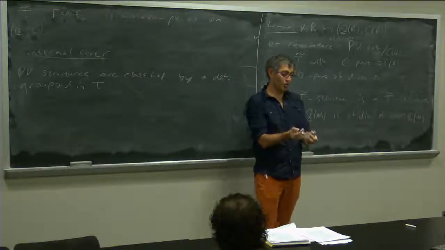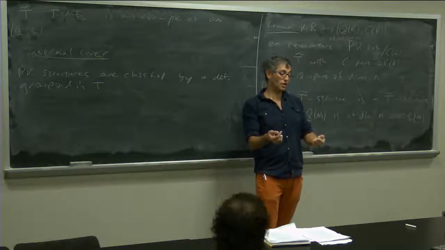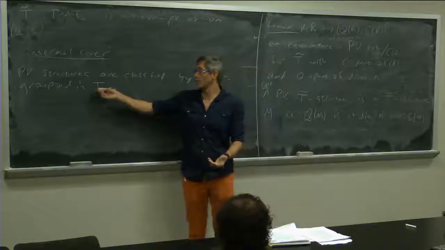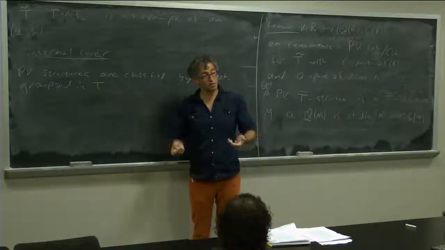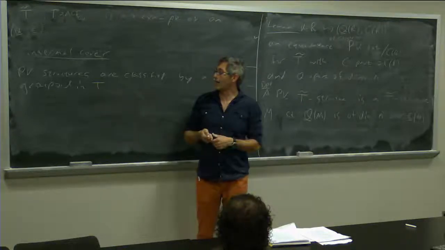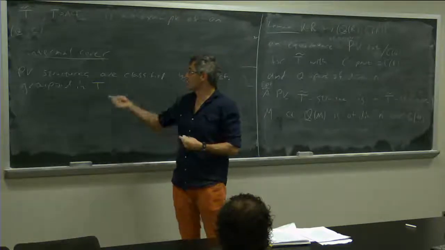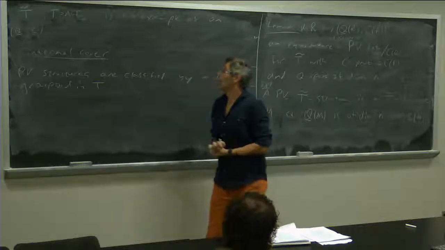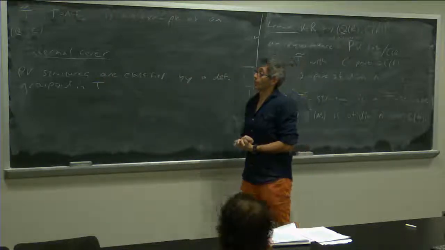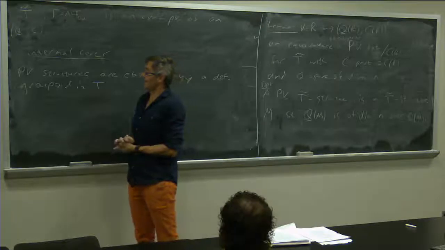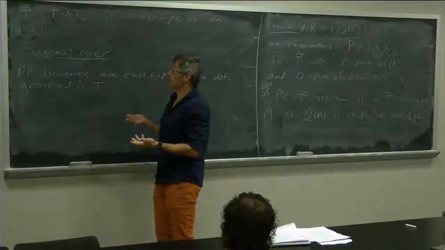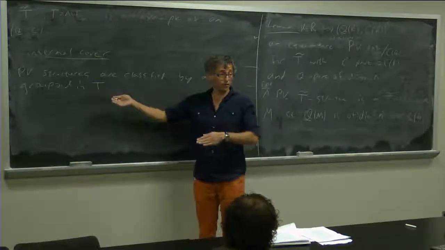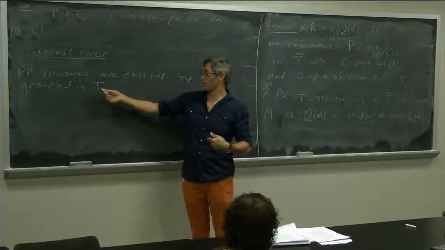It's a definable groupoid, so you can ask what are the points of this groupoid in some T structure L, and the answer is it's going to correspond to Picard-Vessiot structures over L. Now again, you want to find the Picard-Vessiot structure over 0, with no parameters.